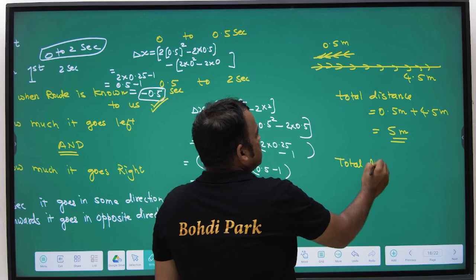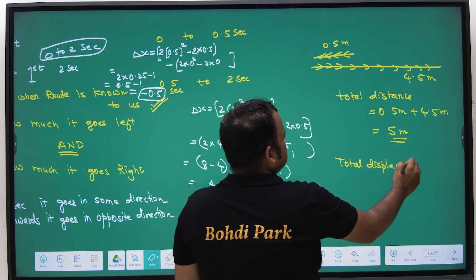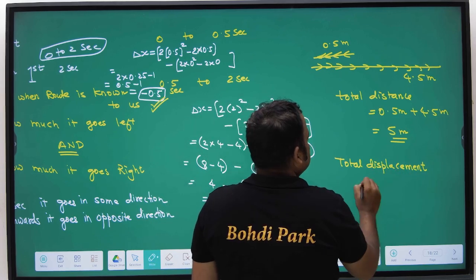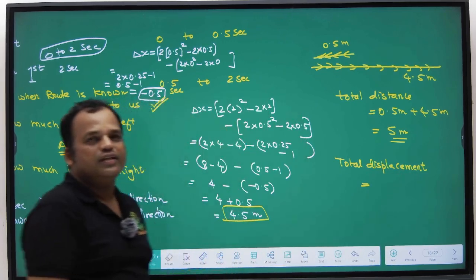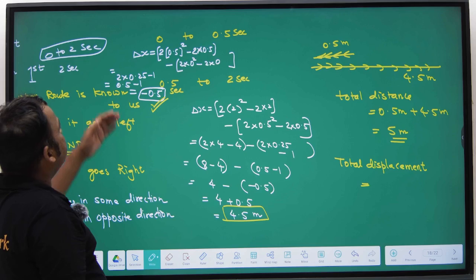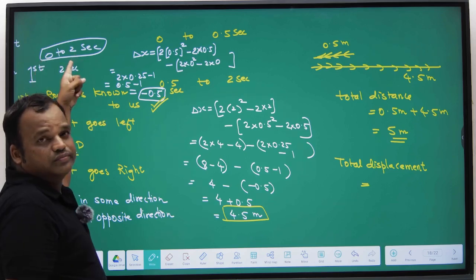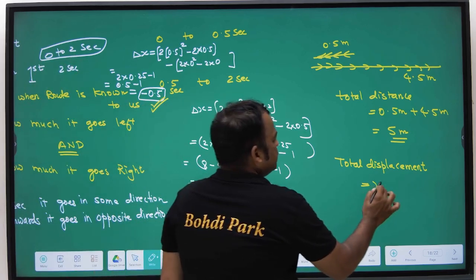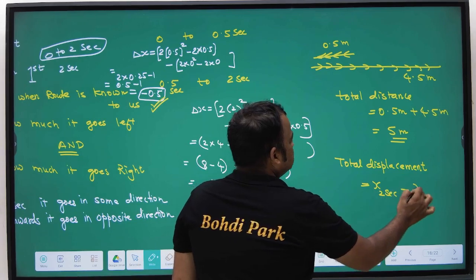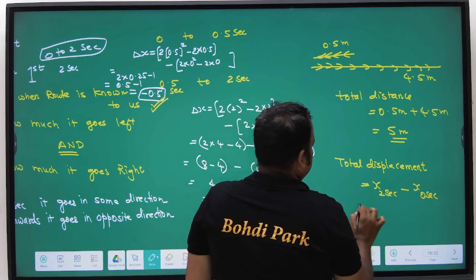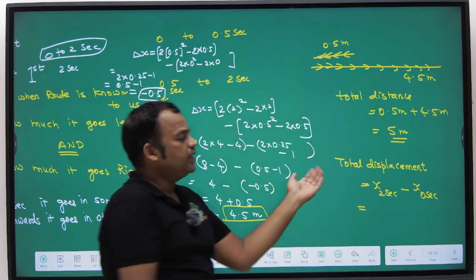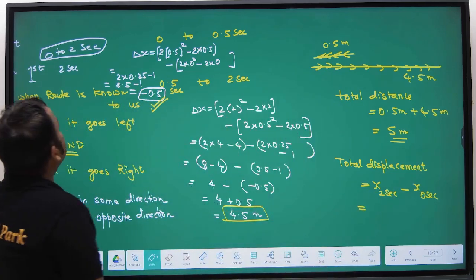And to calculate total displacement, we can use 0 to 2: position at 2 seconds minus position at 0 second.